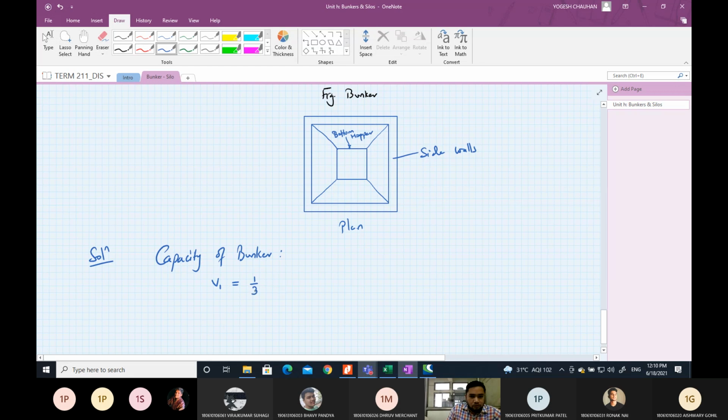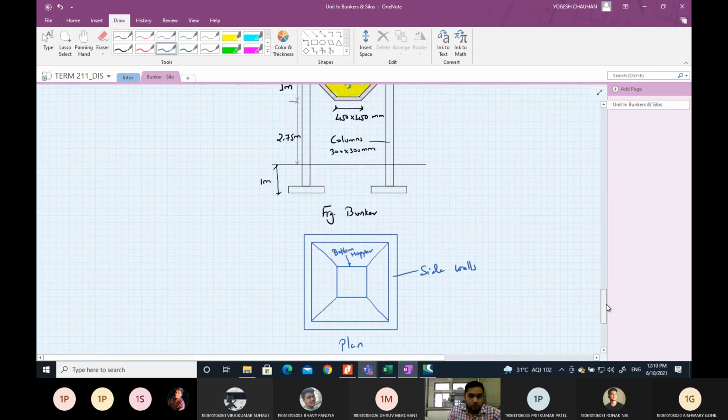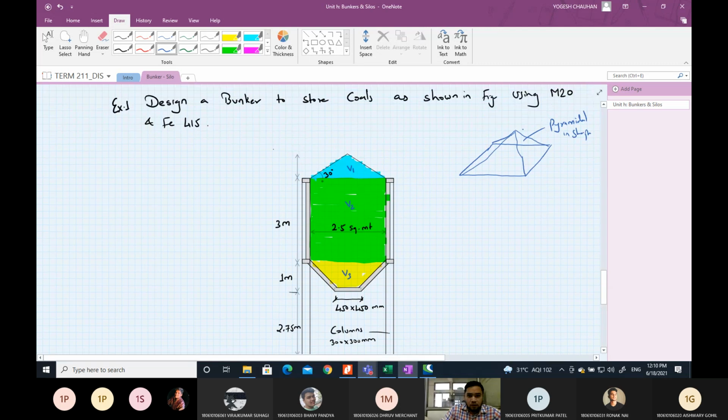1 by 3, because it is pyramidal in shape. The volume of pyramidal would be 1 by 3 into 2.5 by 2.5. This is because this is square, this is 2.5, this is 2.5, and this height you have to find from this angle.